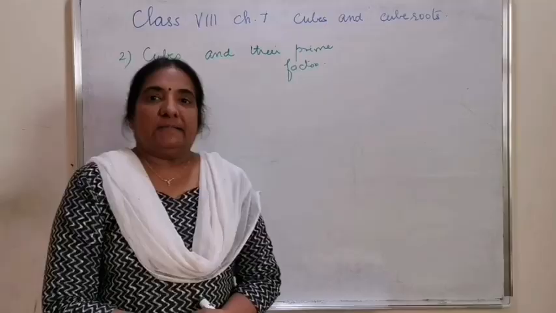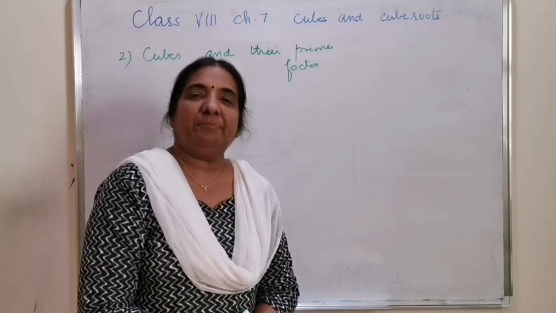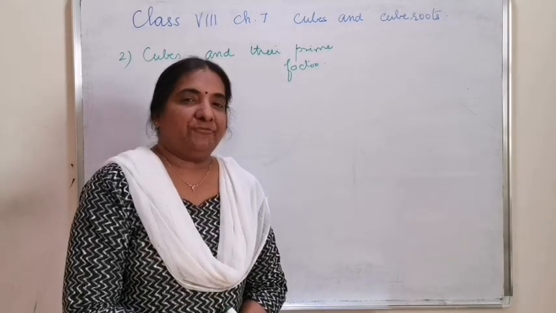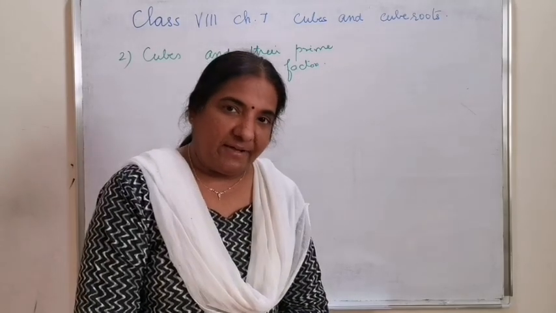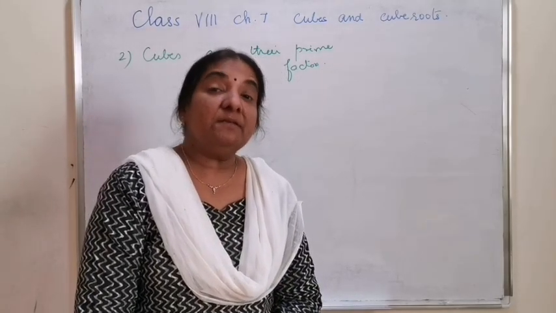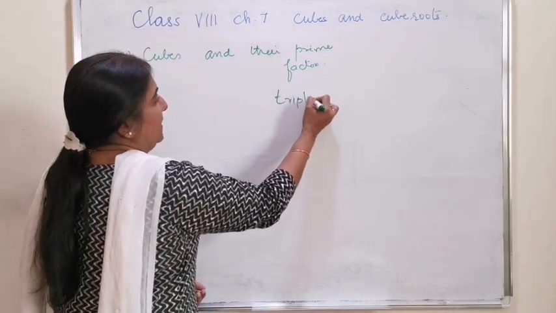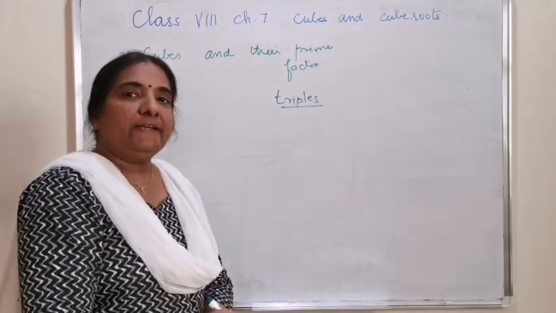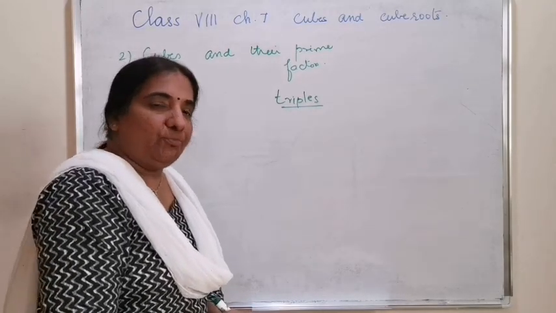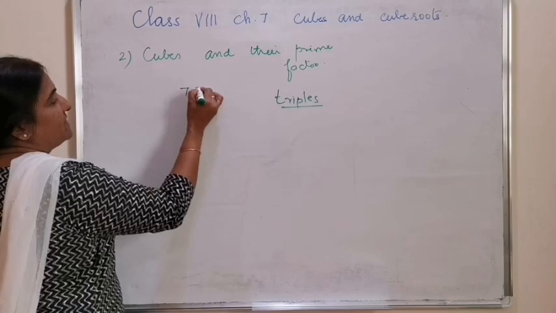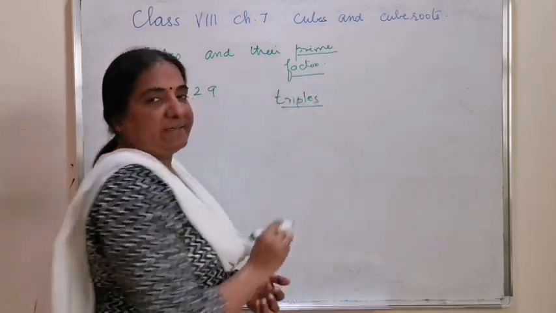The second pattern is when a perfect cube number is given to you. If you check the prime factorization, you can see that the prime factors occur in triples. That is, each prime factor will occur 3 times. Let us check the cube number 729 with its prime factorization.